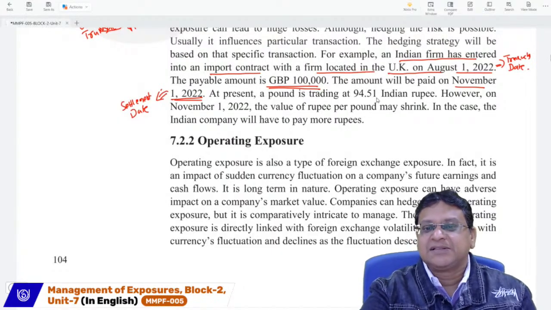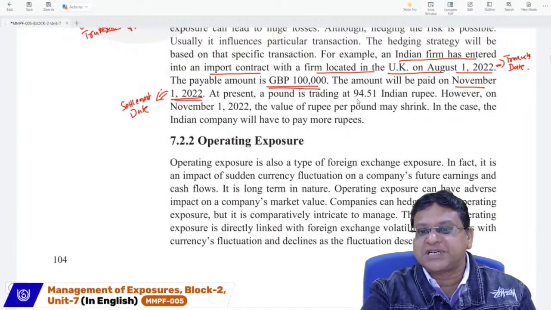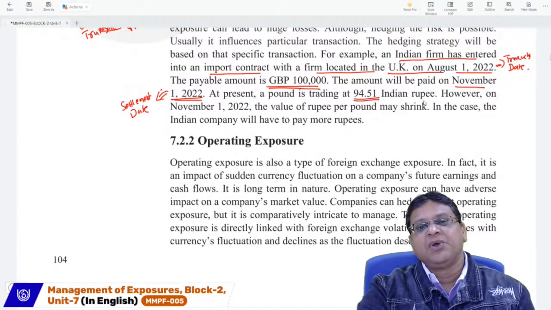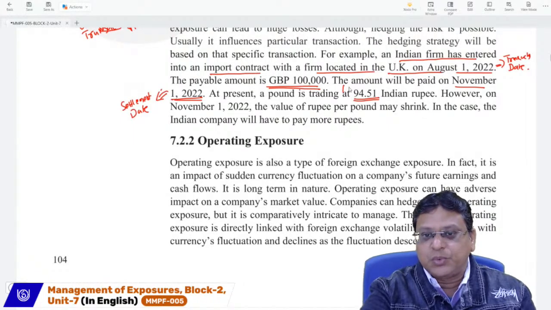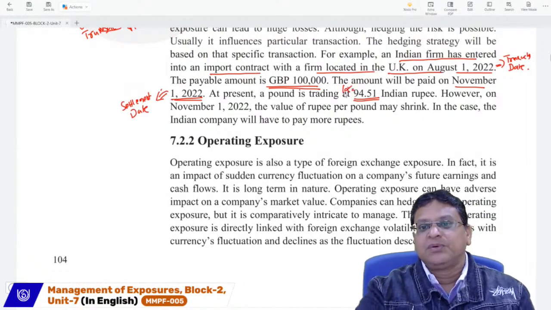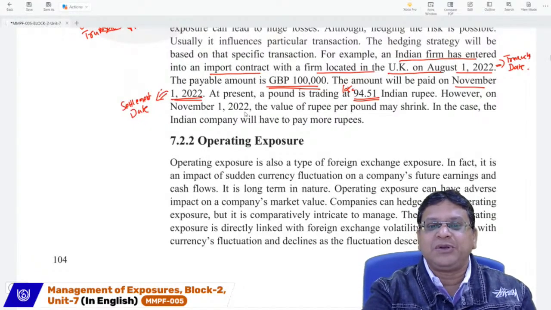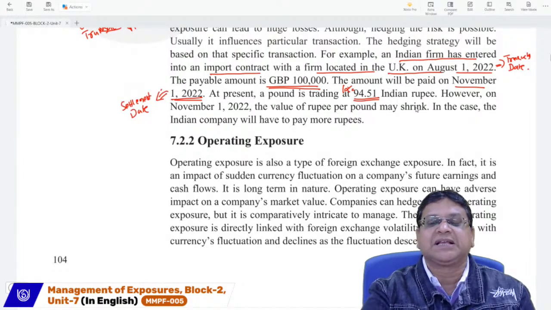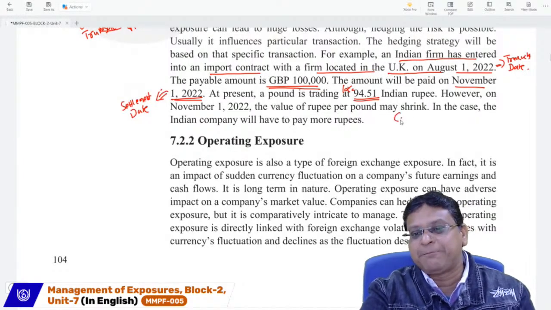At present, the Great Britain pound is trading at 94.51 rupees. 1 pound is equal to 94.51. However, on November 1, 2022, the rupee may depreciate.